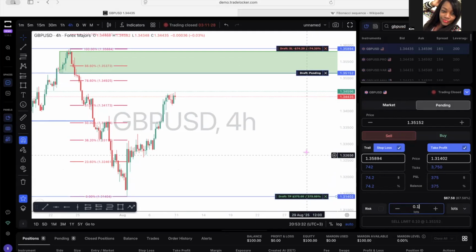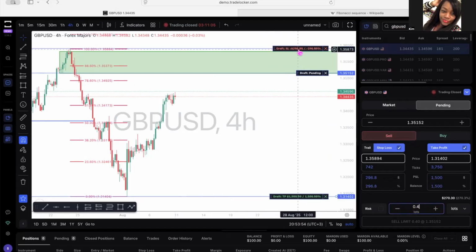So if it worked out this way, right? If it came here and we made $375, our account is now at $475, right? So once we get to 400, we'll start using a 0.4.